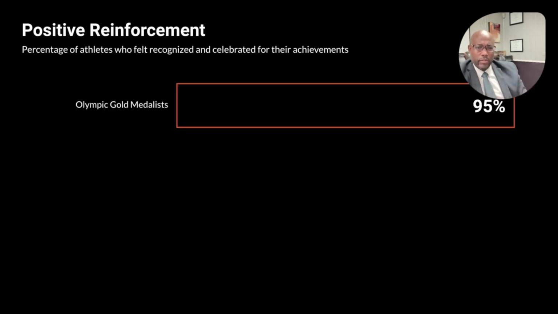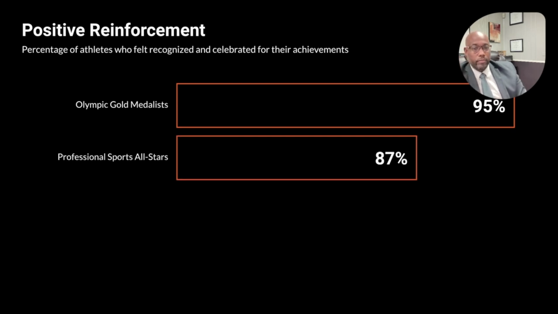And I wanted to use this graph just to show you the importance and power of positive reinforcement. Here it shows you the percentage of athletes who felt recognized and celebrated for their achievements. Olympic gold medalists said that 95% of the time they were recognized for their achievements in their given sports.